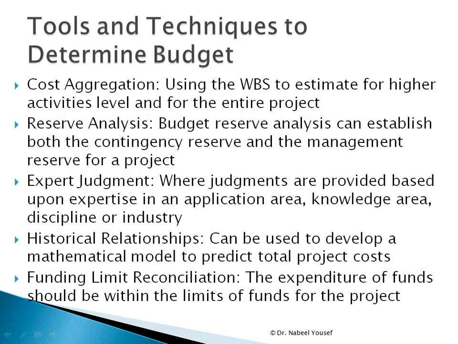And we have the historical relationships, where we can use that to develop a mathematical model to predict total project cost. Having the different factors, different analysis, and different values, we can develop the mathematical cost model, which will assist in similar projects in the future. And then funding limit reconciliation, which is the expenditure of funds that should be within the limits of funds for the project.